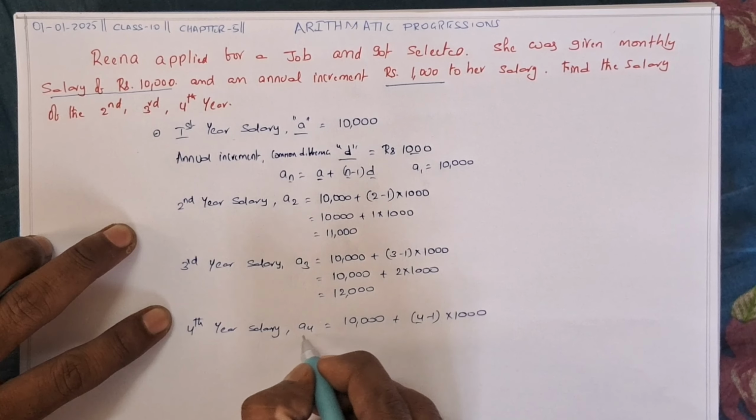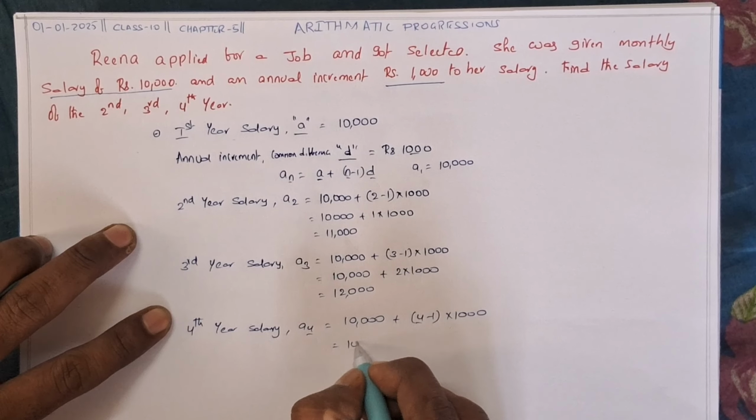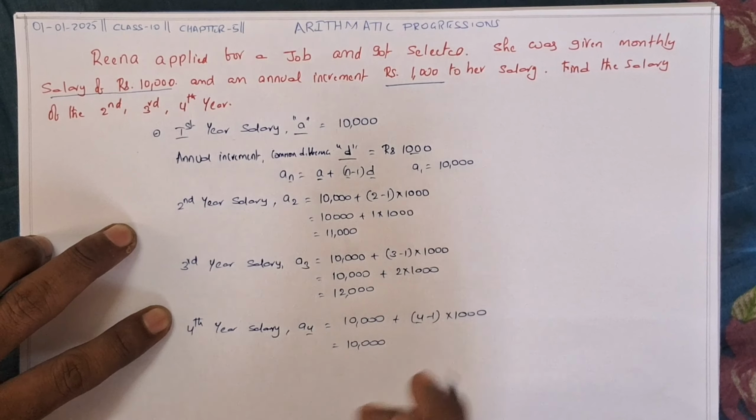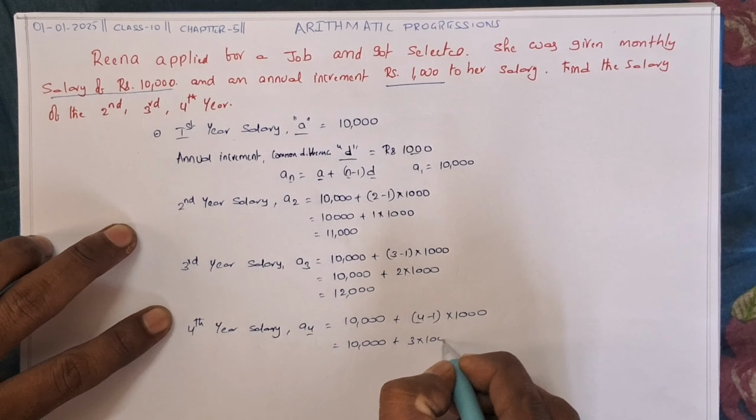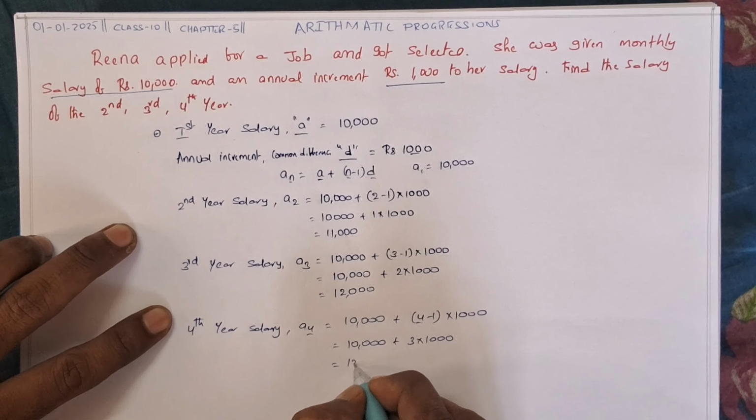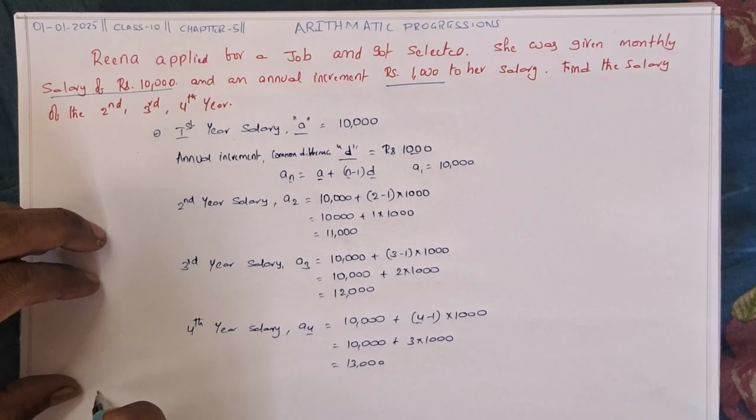Here n is equal to 4. 10,000 plus 3 into 1,000, that is equal to 13,000.